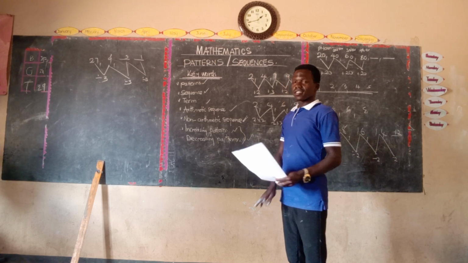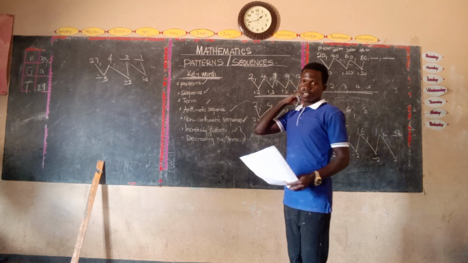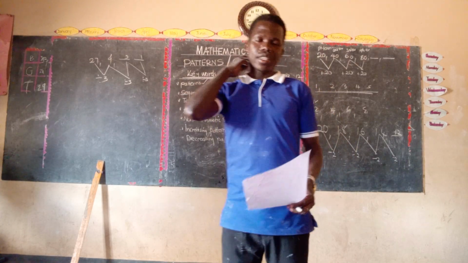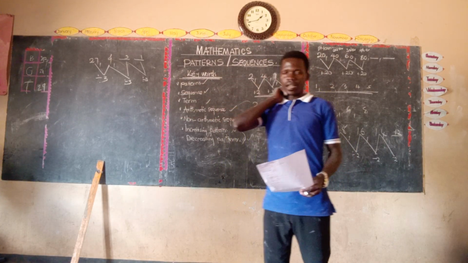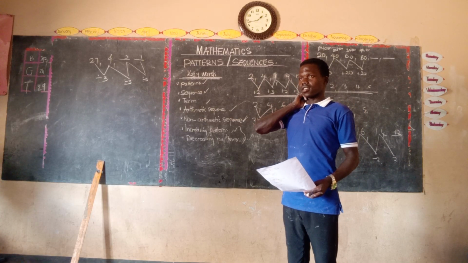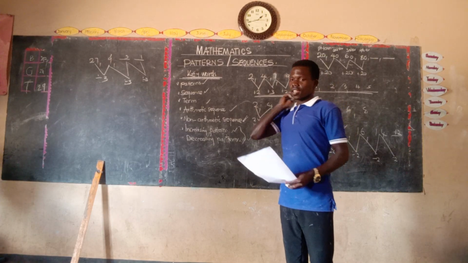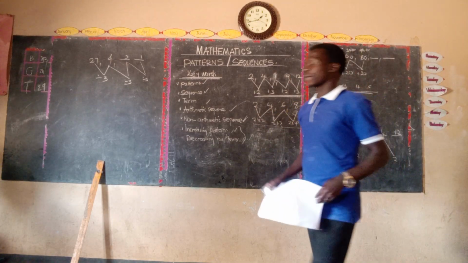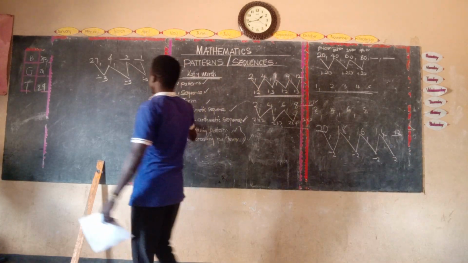In these patterns, the numbers are obtained in two ways: one by subtraction, or by division. So those are some of the keywords that we have before we learn about finding the missing number in our sequence.